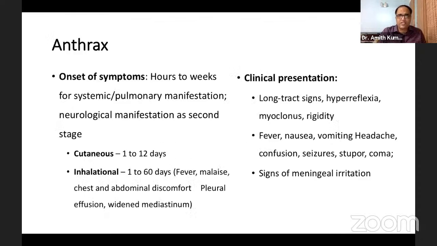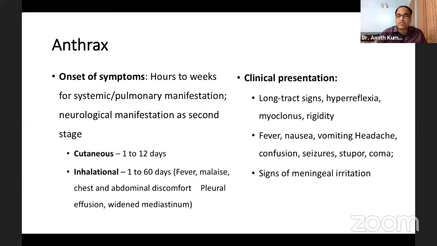Now, anthrax, which is one of the most commonly used bioweapons, I should say, or the most used. The onset of symptoms is hours to weeks for the systemic and pulmonary manifestation. The neurological manifestation usually comes as the second stage, and the most common neurological manifestation is hemorrhagic meningitis.